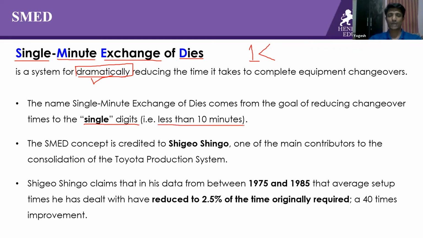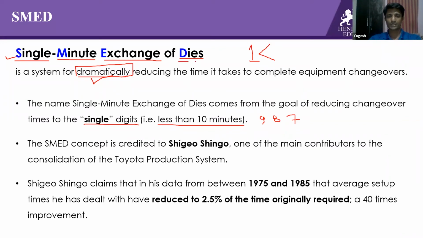So any changeover time that takes less than 10 minutes is good to go as per this definition of SMED. You can do a changeover in 9 minutes, 8 minutes or 7 minutes, anything, but it should be a single digit. So that is where this single minute word has come from. It is basically a single digit minute exchange of dies.